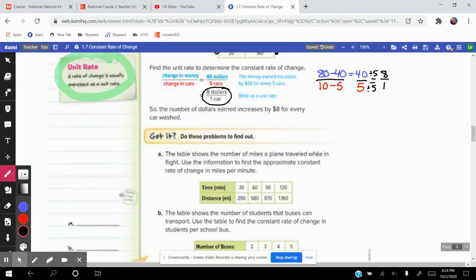Letter A. The table shows the number of miles a plane traveled while in flight. Use the information to find the approximate constant rate of change in miles per minute. That means that we're going to take the distance over the time.